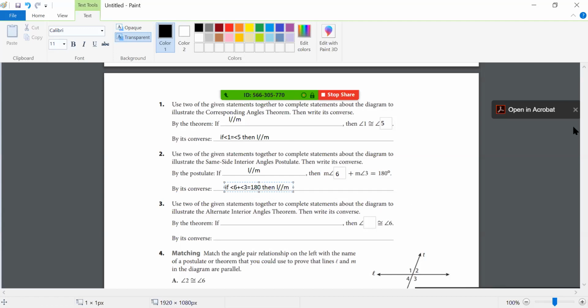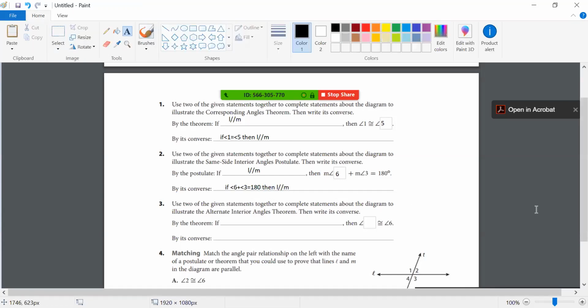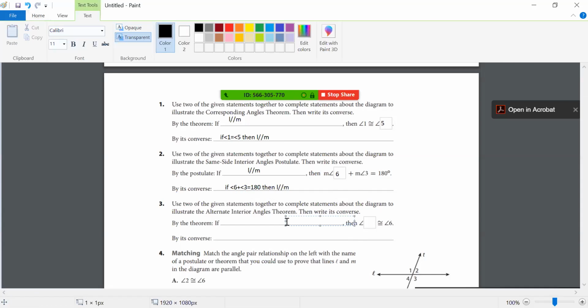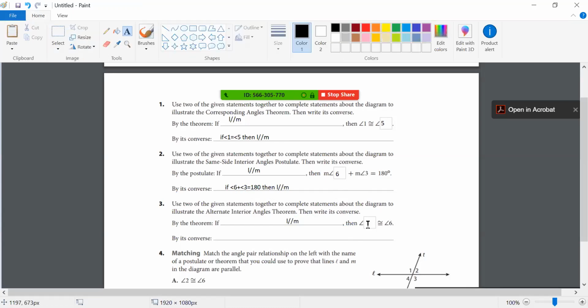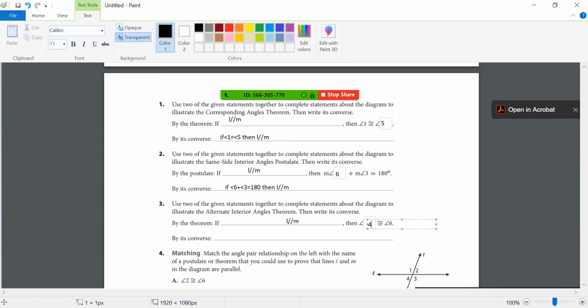And then for the last one, what about the alternate interior angle? Alternate interior angle with angle 6. Let's go back to our figure and see. With angle 6, it will be angle 4. It is the one making a Z with angle 6. So I'm going to write here: if again L is parallel to M, then angle 4 will be congruent to angle 6.